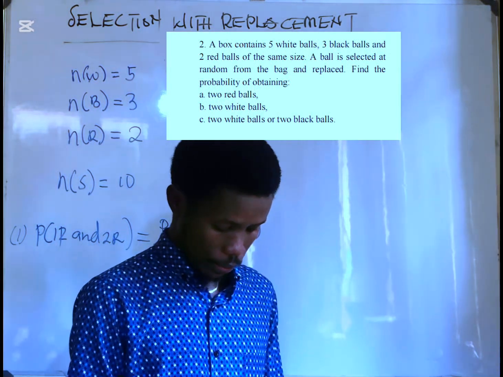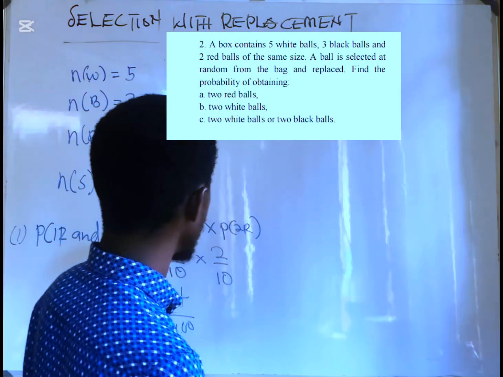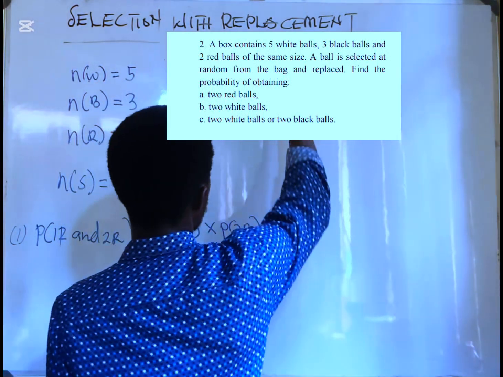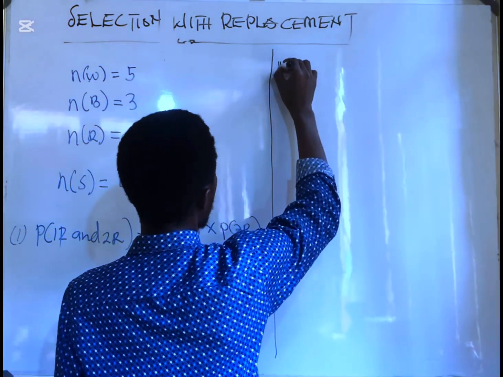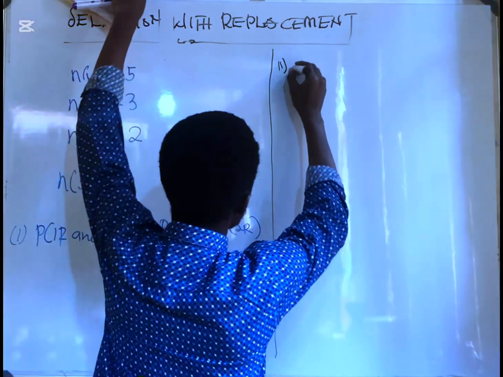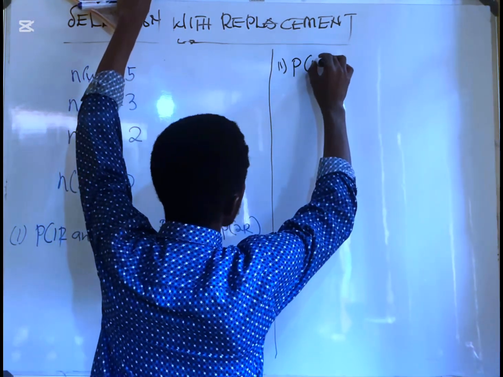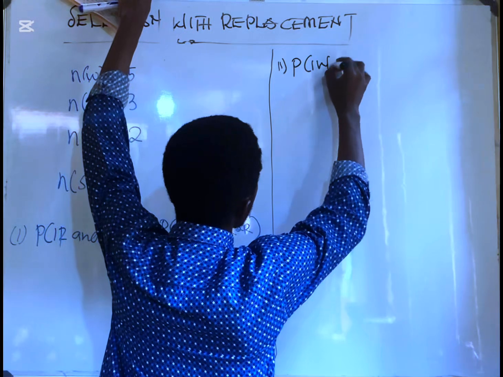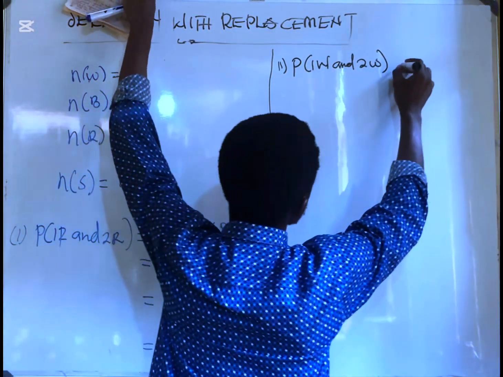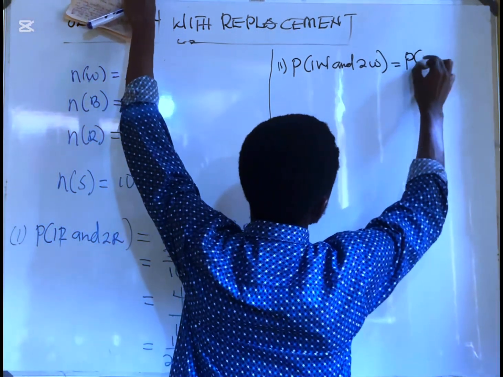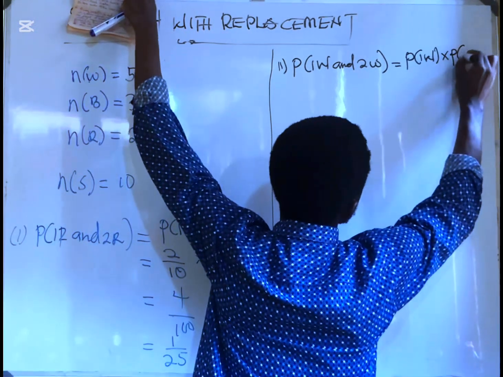So that is the first one, or the I. The I said 2 white balls. So we want probability of obtaining 2 white balls. So let's see. The first ball is white, okay? And second two is white. So this one is going to give us probability of obtaining first one to be white times second one to be white.